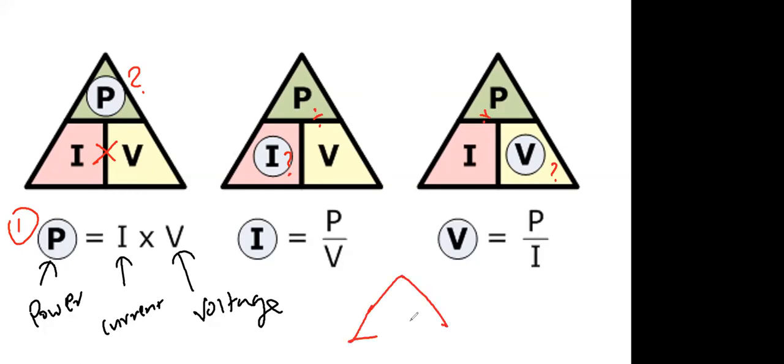You can make this like this. On this side you can put multiplication, and this one is division. You divide this side also. So then what is here? Power equals V into I. If you take this side, P over I, then what is left?